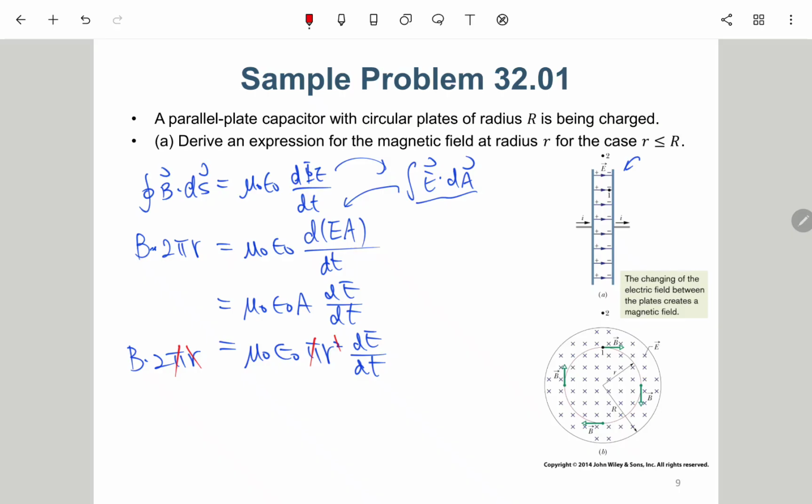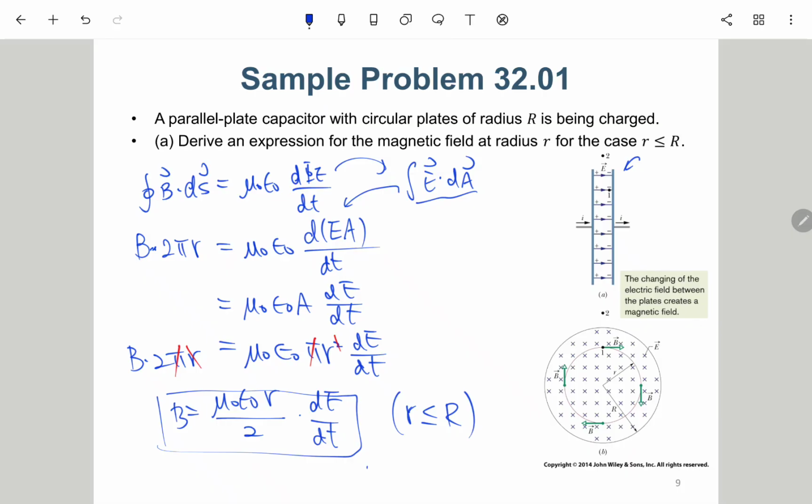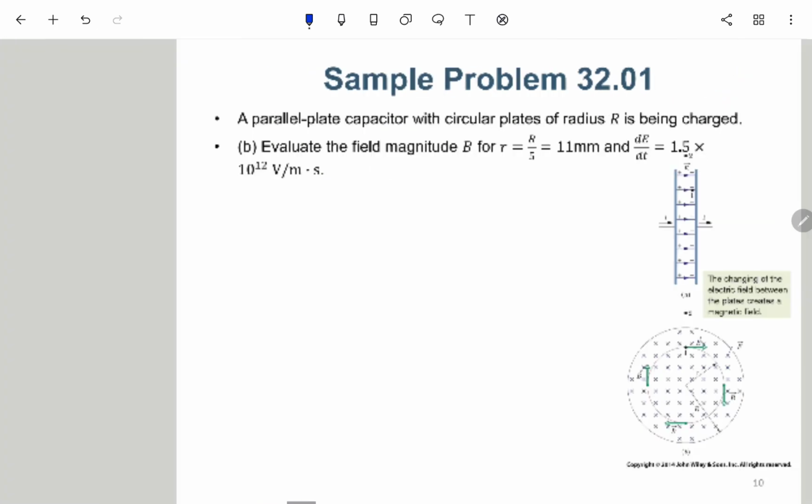So finally, B equals mu naught epsilon naught small r over 2 and then dE dt, when r is smaller than or equal to capital R. Okay, so this is the expression, just like what we have done for Faraday's law, actually using it for the static current. We have derived something like this.